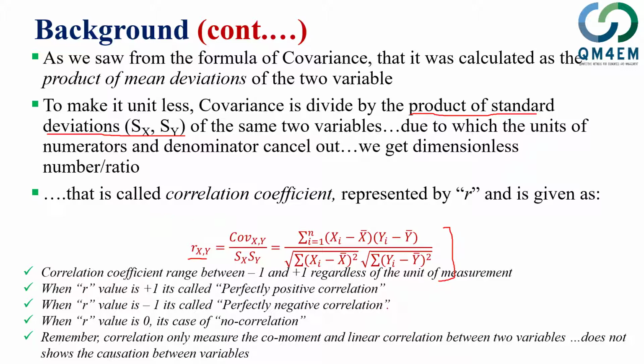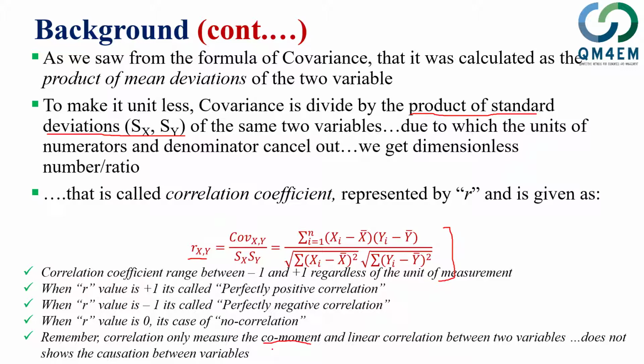So remember, this is very important. Correlation only measures the co-movement and the linear correlation between two variables. It does not show causation between two variables. So what does it mean? It means correlation will only tell you that if the x variable changes, y is also changing with x.